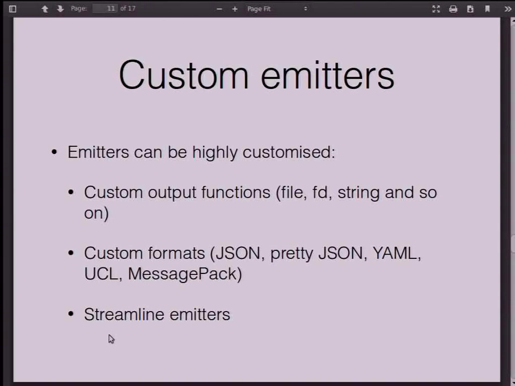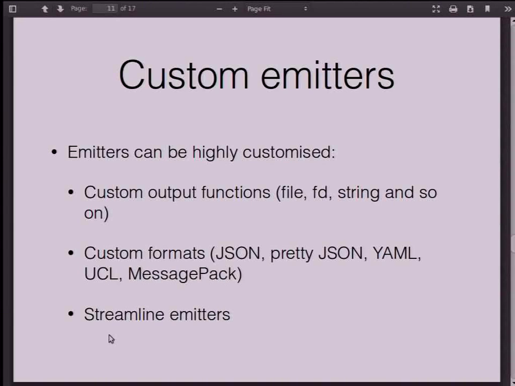Currently, there is support for JSON, pretty JSON, which is JSON with tabs and so on, embedded YAML, and UCL, which is just configuration in human readable format. Recently I've added MessagePack support as an emitter.